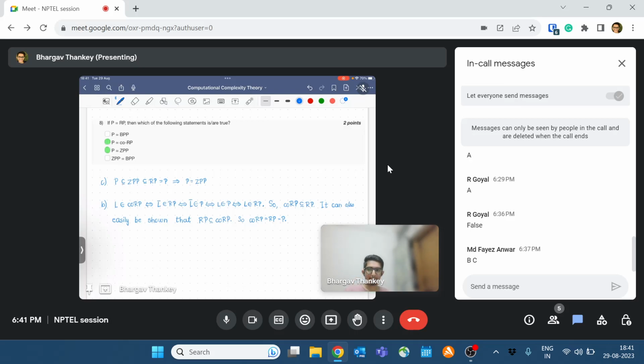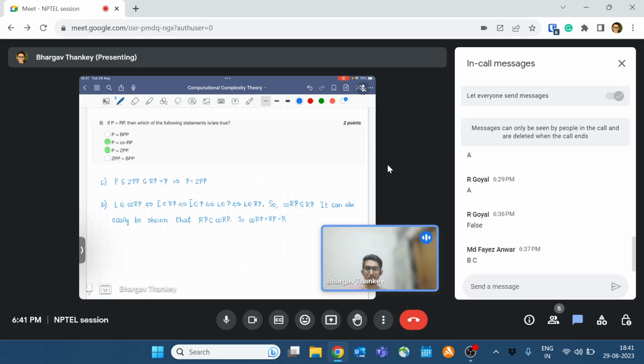Since P is a single branch and RP and co-RP are trees, clearly P would be a subset of RP as well as of co-RP. So is there a shortcut to remember these relations?